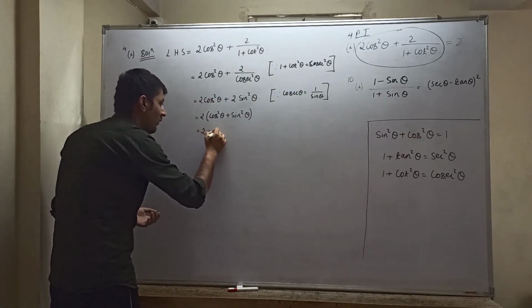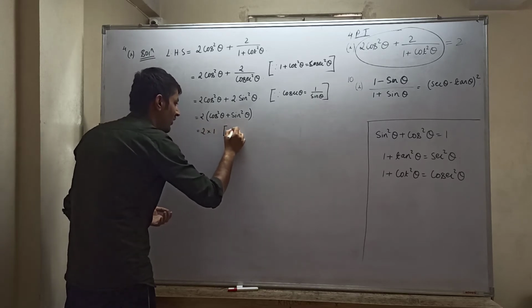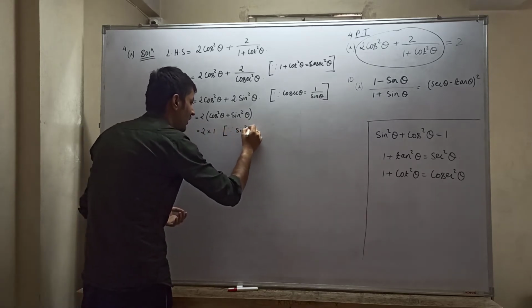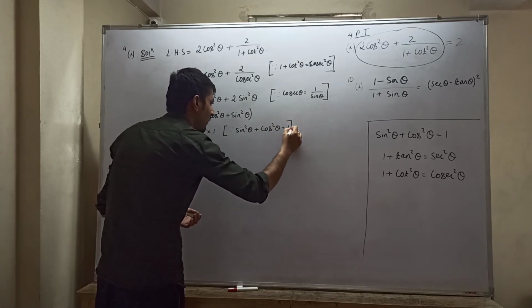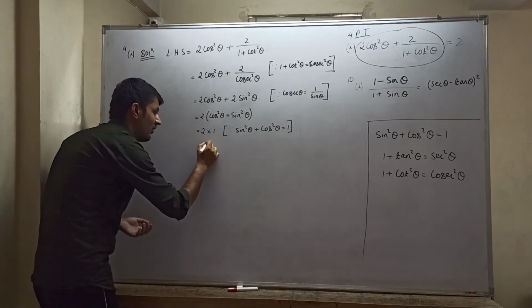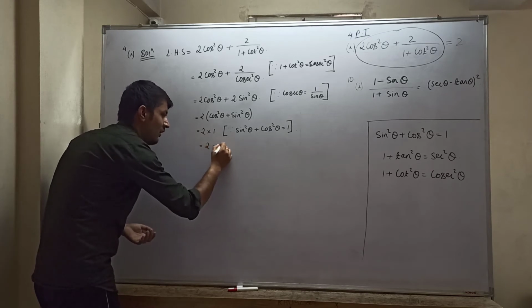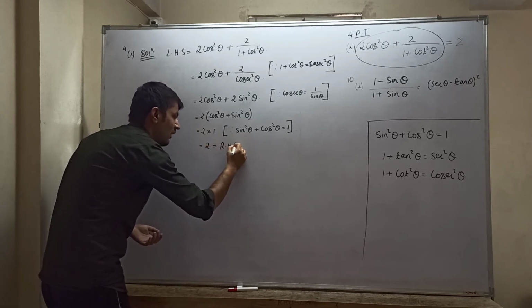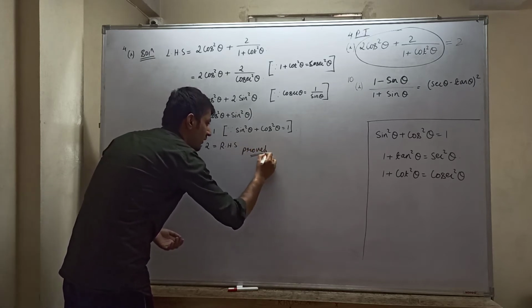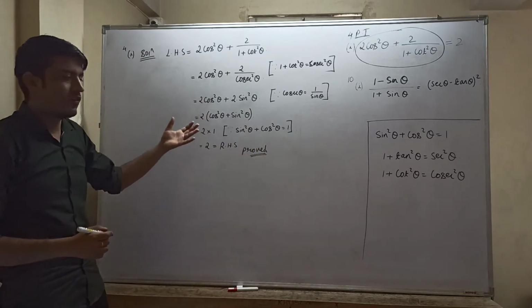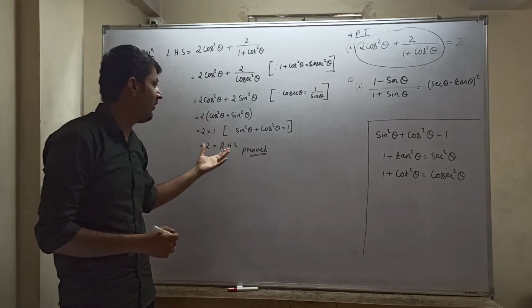So 2 into 1. You can give the reason here: since sine square theta plus cos square theta is equal to 1. And how much is this? This is equal to 2, and that is your right hand side. And this is proved. So I hope you are alright with this number.